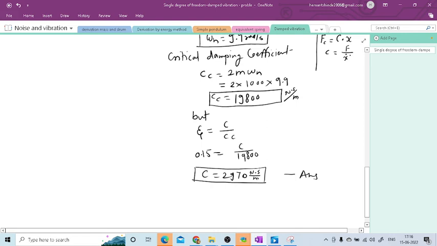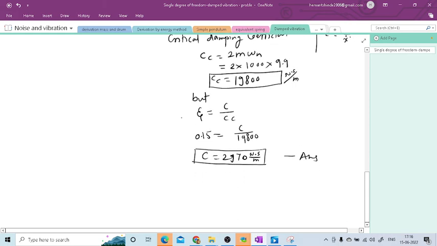We got the value of C, but they have asked one more answer, and that is not mass. They have asked for the value of K, that is the stiffness. To determine the stiffness, we have the value of omega n. Now use the formula of omega n. What is the formula of omega n?